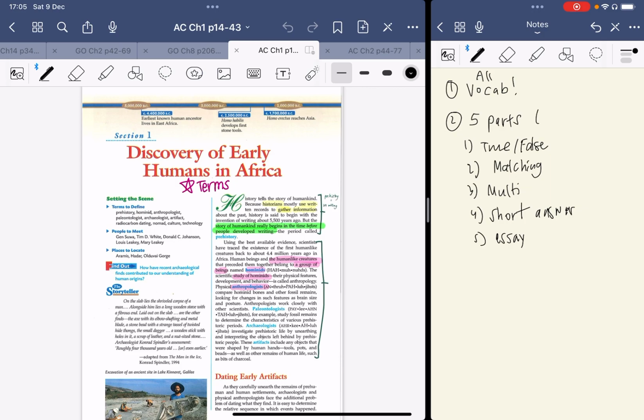And basically, it's 50 points in total. Each part, it's 10 points. So 10 questions in the first 4 parts, 1 point each. And for the essay, that's going to be 1 essay for 10 points. All right. Okay. That's the format of the exam.